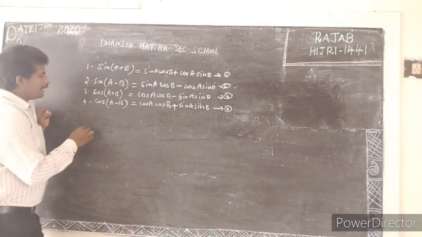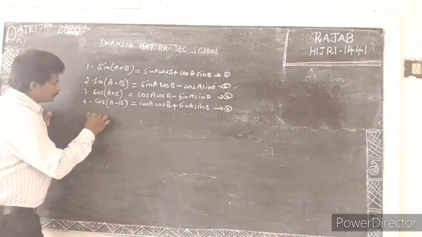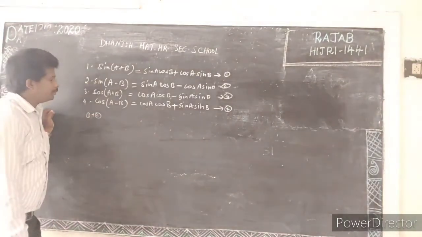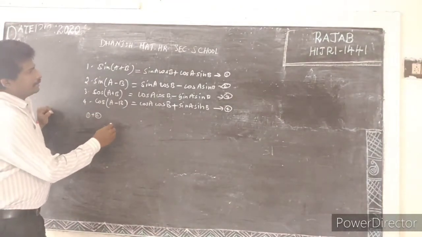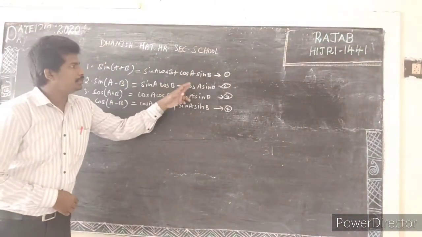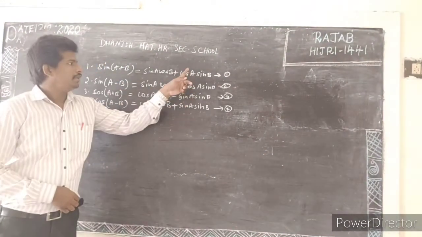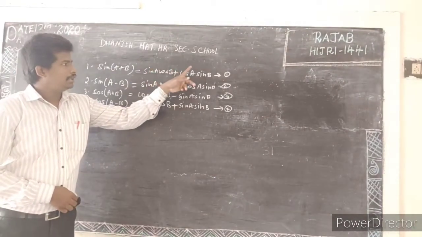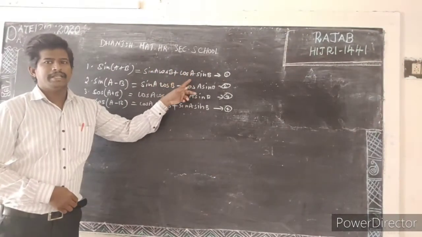Now, I am going to add equation 1 and 2. Adding 1 and 2, if you add these two equations, these two terms will get cancelled. Am I right? The plus and negative terms will get cancelled.